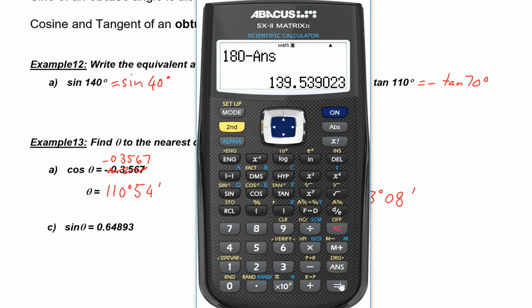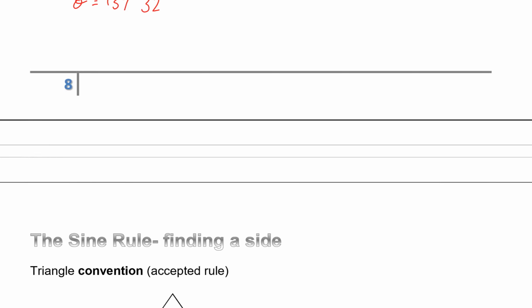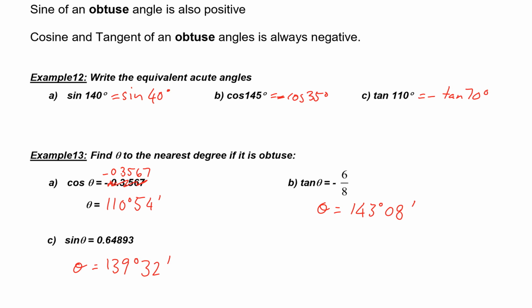I get 139 degrees 39 minutes. Again, if I do the sine of this, I'll get this number here. So that is sine, cos, and tan, trigonometry with obtuse angles. Okay, check it out. It'll make sense shortly.